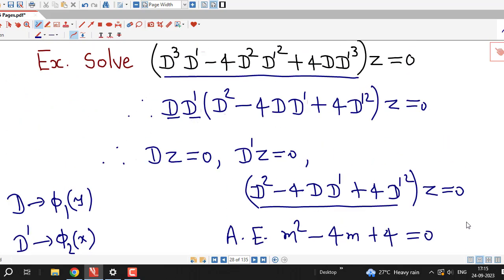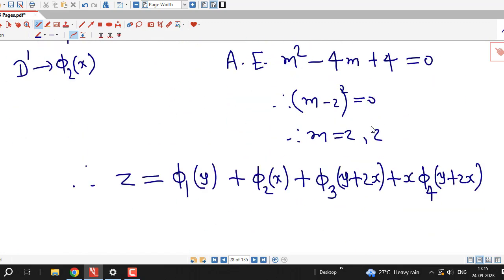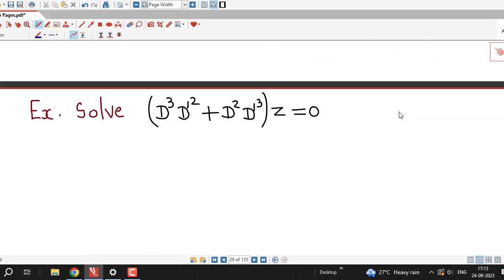And here the new thing is we have a single power of D and D dash in the product in f(D, D dash). Another example: (D cube D dash square plus D square D dash cube) z equal to 0.